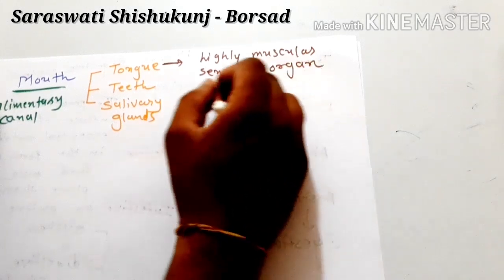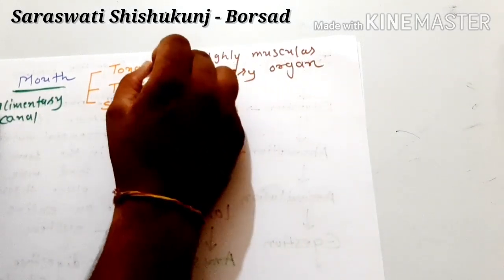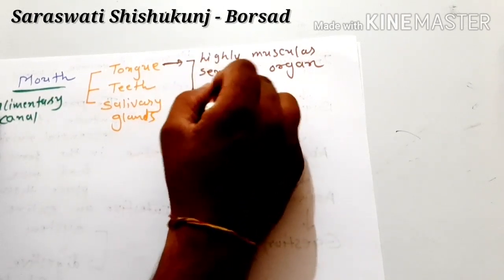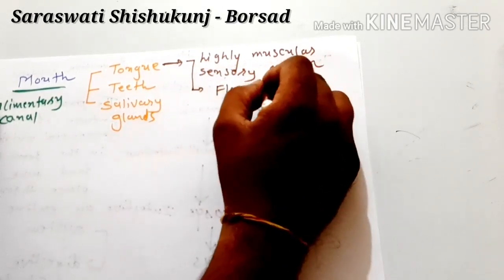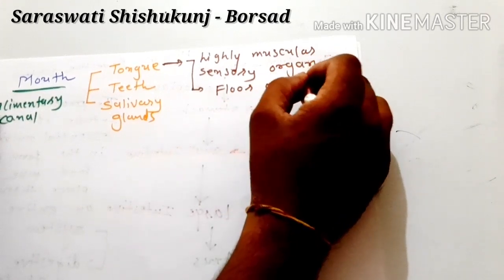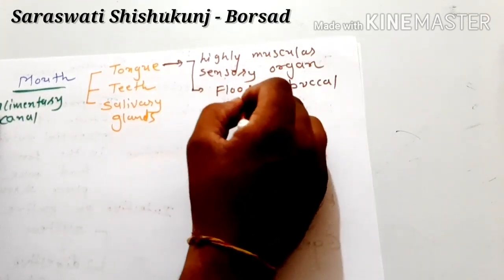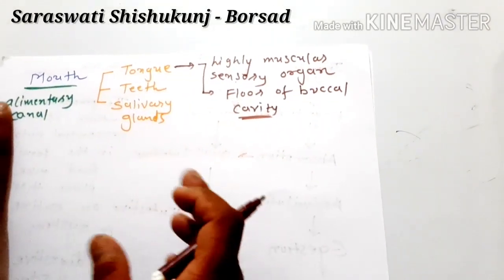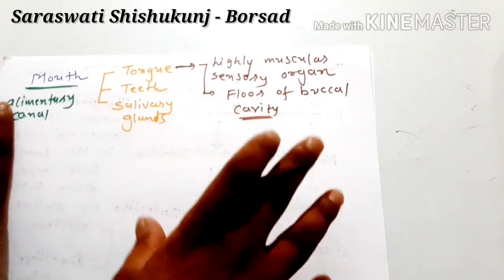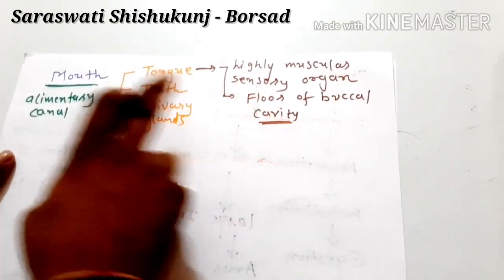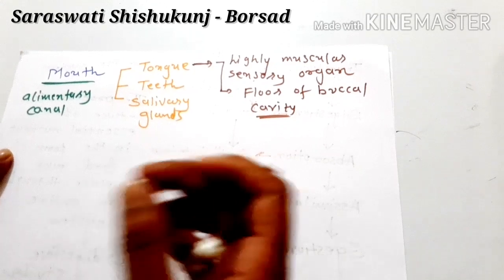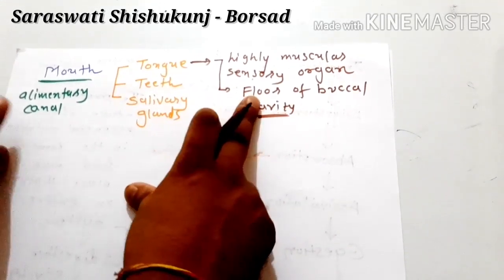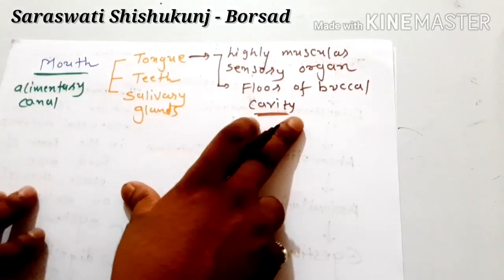Where is this tongue present? It is present at the floor of the buccal cavity. Now what does cavity mean? Cavity means hollowness. Buccal cavity means the cavity of the mouth. In the cavity of the mouth you will see the tongue. It is a muscular sensory organ which tastes, and it is located at the floor of our buccal cavity.